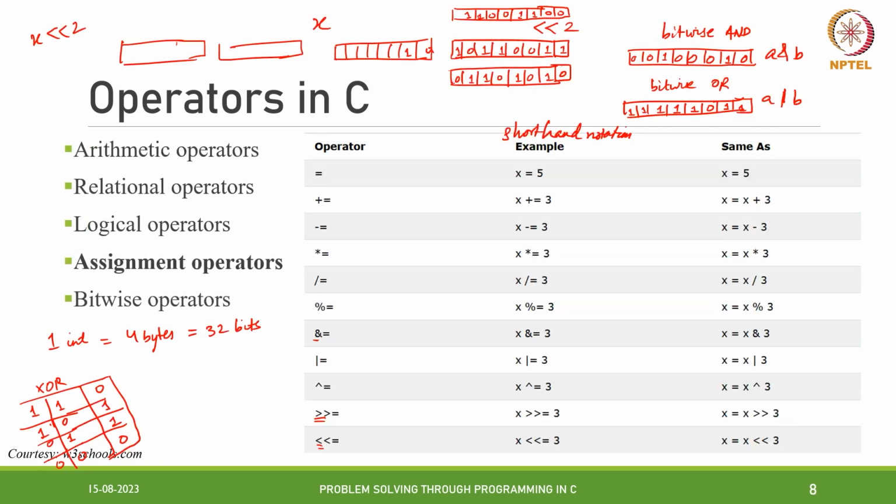Sir, what is the use of this bitwise operator? Yes, sometimes you do need to work on the bits directly. For example, if you want binary operations to be done, then you can use bitwise operators. Also, one of the programs would be to swap two numbers without using a third variable.